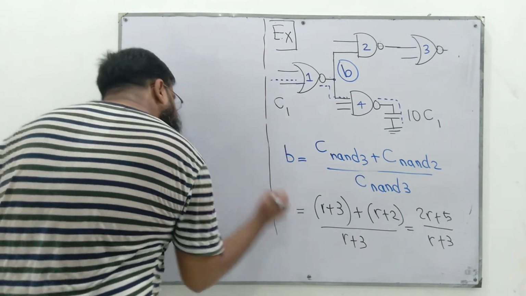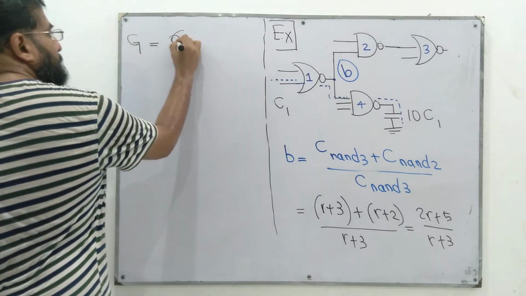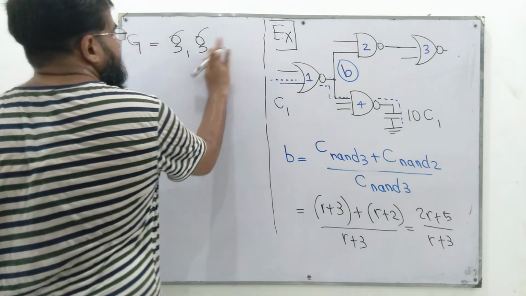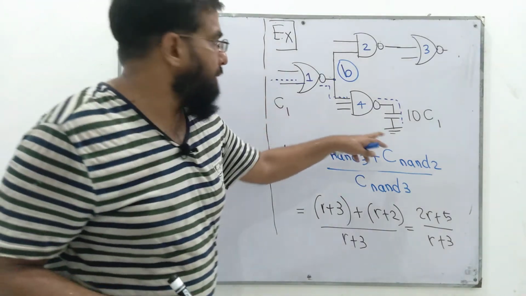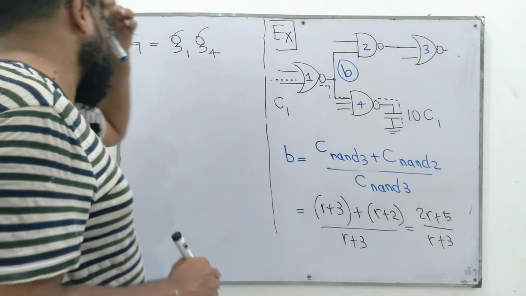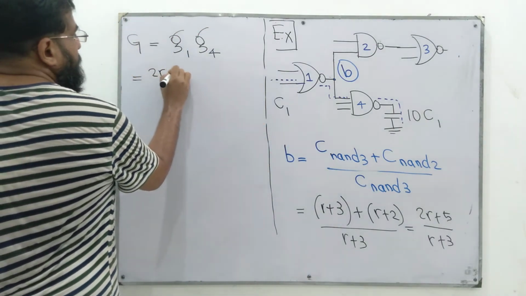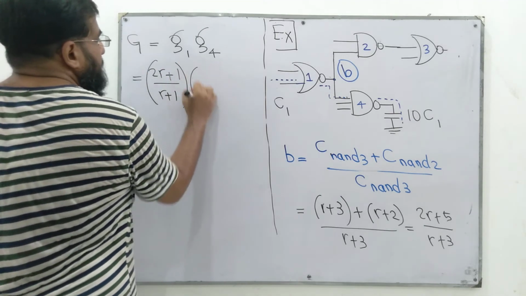How can we compute G now? The capital G is now the product of the small g's of all the gates in the path, G1 times G4. Now we have only 2 gates in the path, 1 and 4. So G of 1 is, it's a NOR 2 gate, 2R plus 1 over R plus 1, times G4.